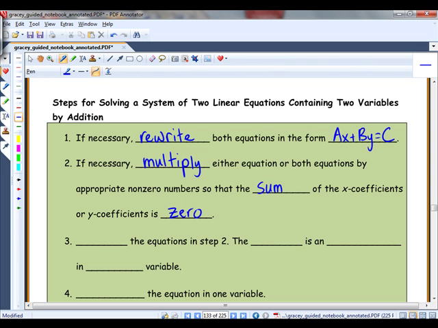Remember how we were talking about if you multiply both sides of a linear equation by a non-zero constant, you get an equation that represents the same line. So we can manipulate the way that the equation is written so that we can use it to eliminate one of the variables. Okay, so third step, add the equations. In step 2, the sum is an equation in one variable.